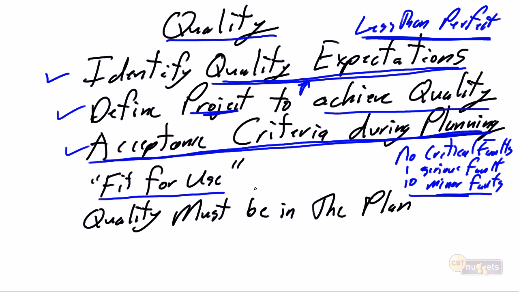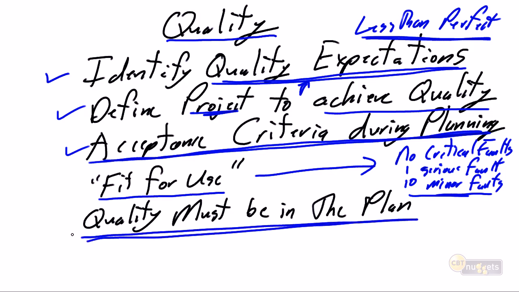Acceptance criteria is often synonymous with this term fit for use. And we're defining fit for use by these criteria. And the key is, as I've said already, the quality must be in the plan.